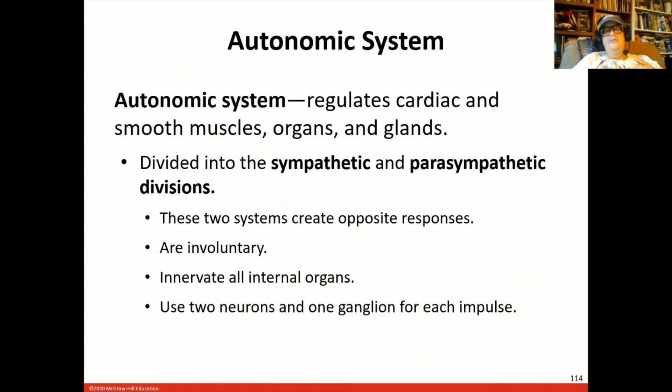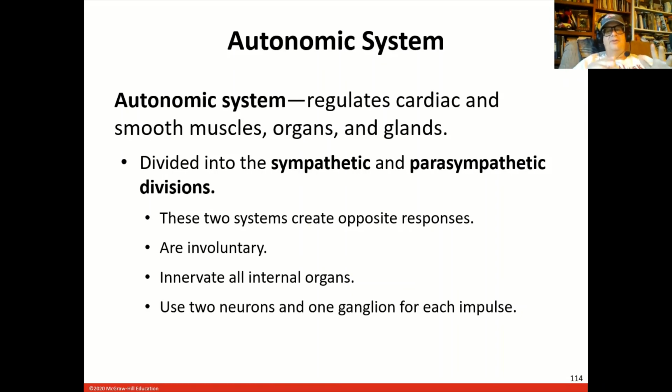So we talked about the somatic. That was things, most of which, not all of which, are under voluntary control, going to skeletal muscles, skin, things like that. Autonomic, this is going to smooth muscles that do vasoconstriction, vasodilation, or in the GI tract, they move food through with peristalsis. And it also goes to organs, glands, like adrenal glands, stuff like that.